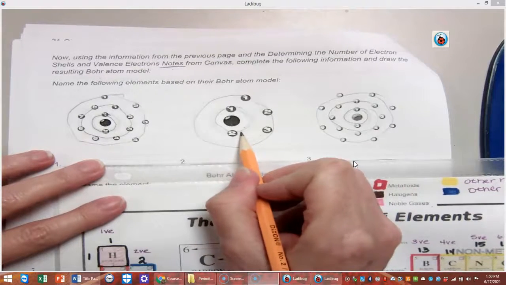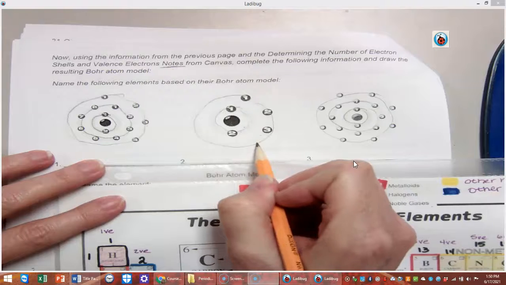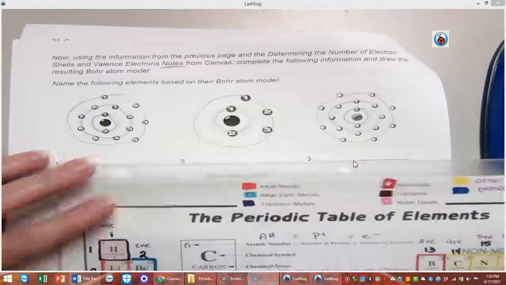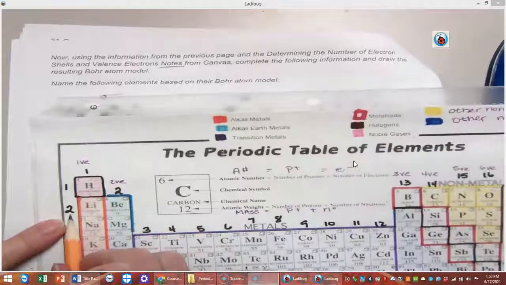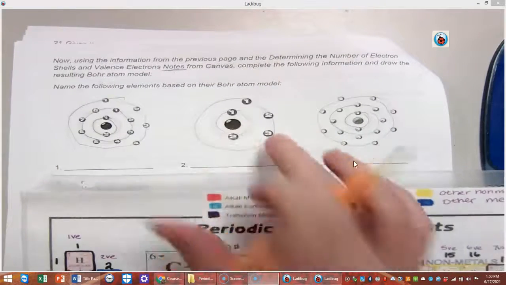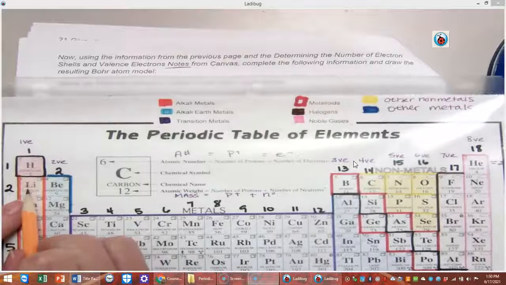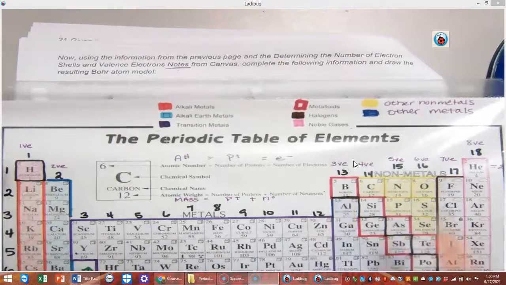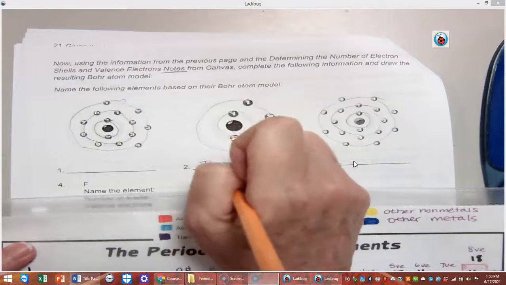We've got 2 shells. In the first shell, we've got 2 electrons. In the second shell, we have 3. So it would belong in the second electron level, and it's the one that's got 3 electrons. So we would go second electron level, 1, 2, 3. Who lives there? Boron. So this is boron.